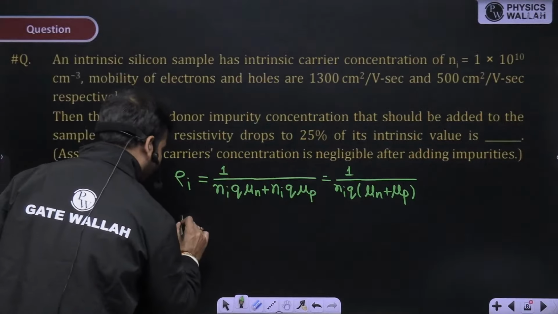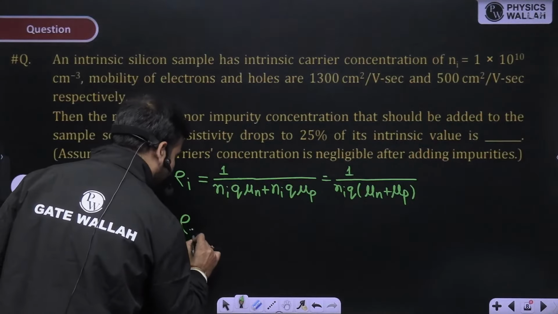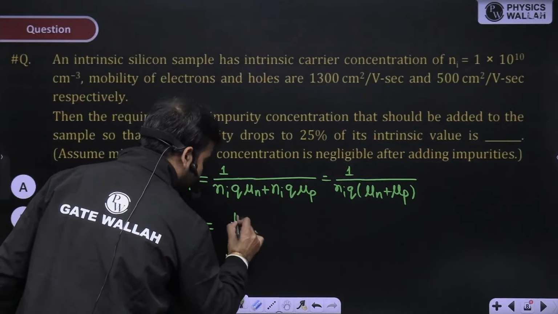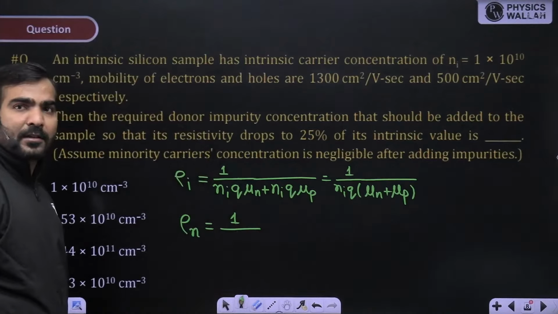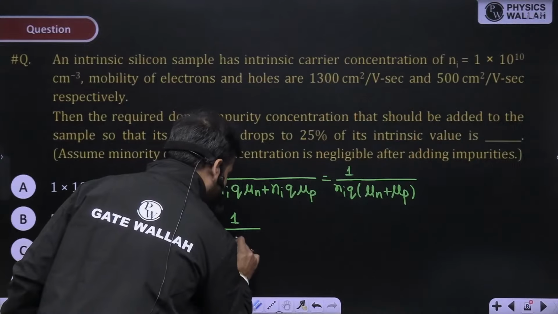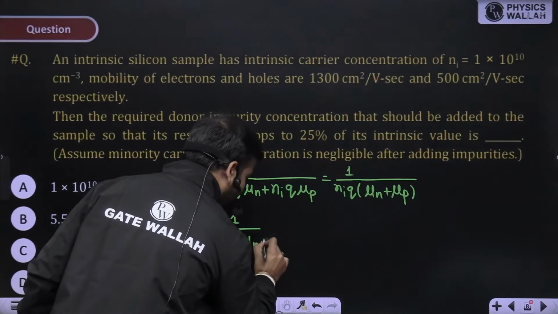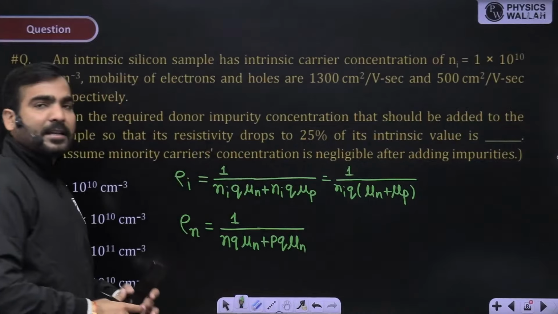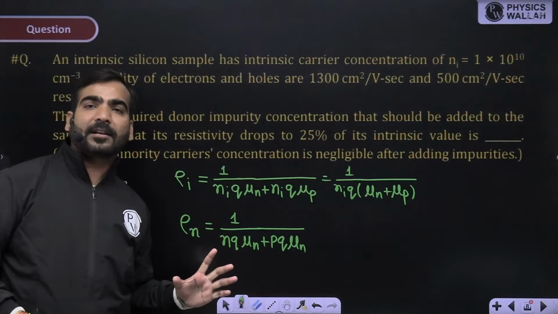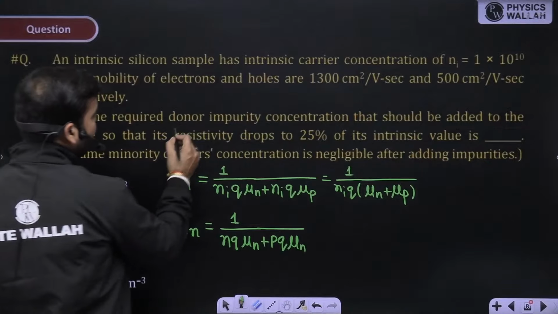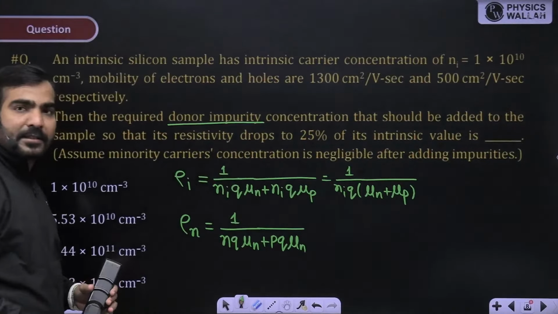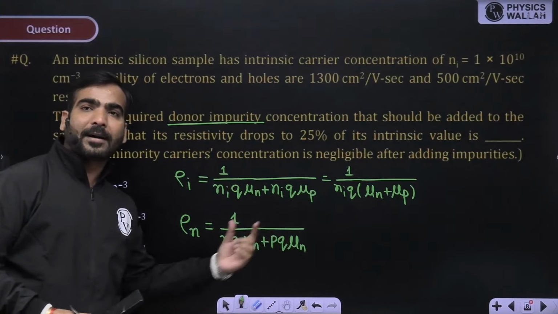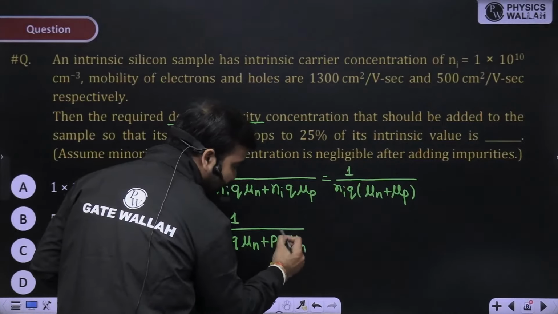Now you are doing the doping. After doping, it will become n-type. So now the resistivity will become 1 upon NQμN plus PQμP. But the question statement says just neglect the minority carrier. After doing the doping of donor type impurities, the semiconductor becomes n-type and holes are minority. That's why we can neglect this term.